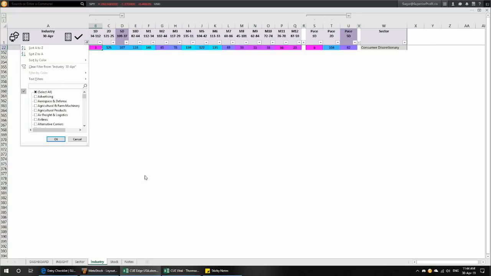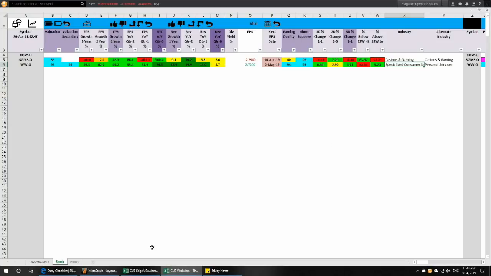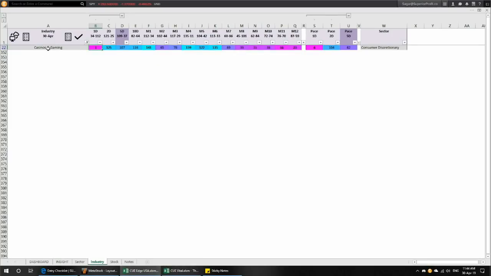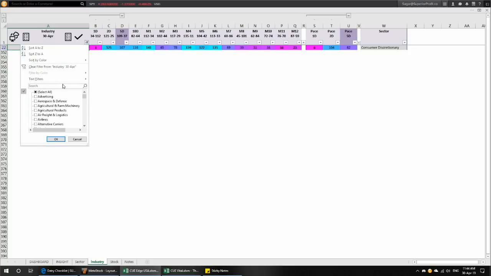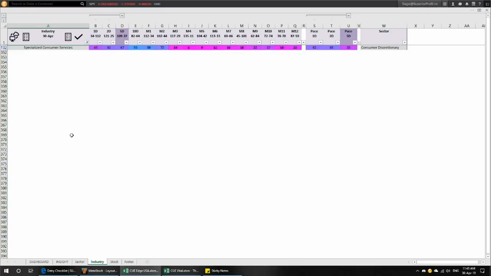And the other one was specialized consumer services. This is also not getting stronger. The color is changing to magenta.